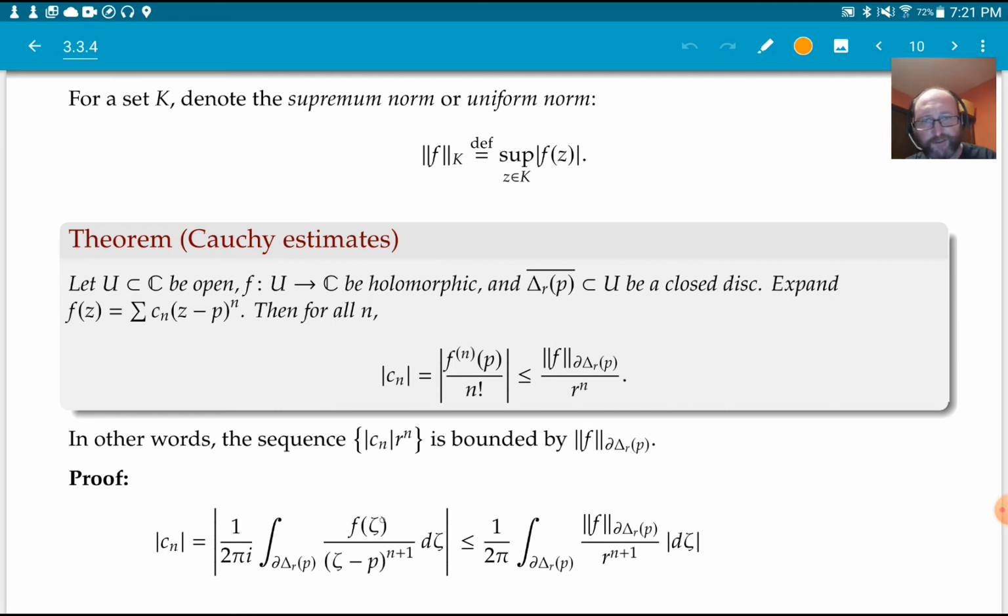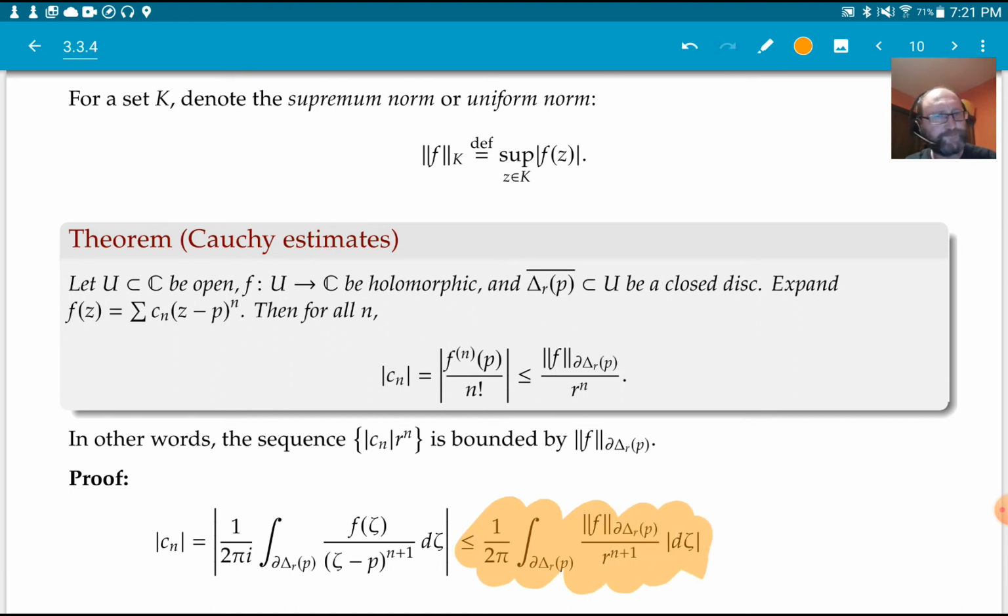You take the absolute values inside, right? Down here, because P is the center of the disk, so zeta minus P, the modulus, that's just r, right? So I get r to the n plus 1. And on top, I had the modulus of f, and I'm going to bound it from above by its supremum, right?